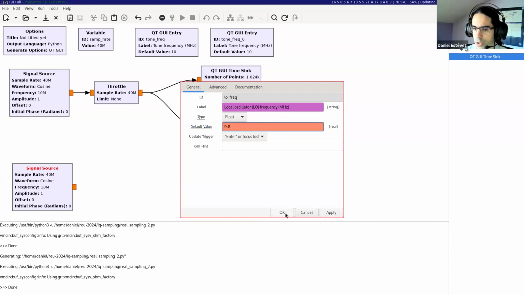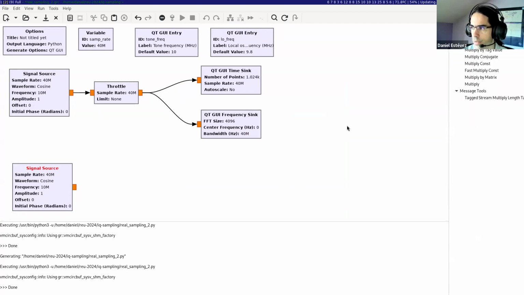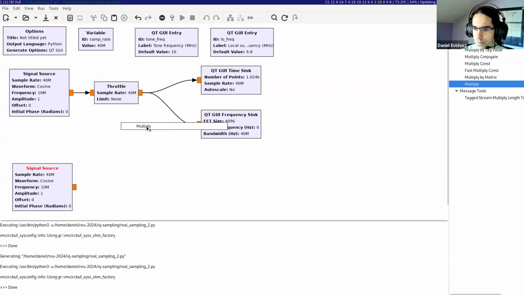But it is basically used to tune to the frequency you want to receive. So I'm going to place it at 9.8 megahertz, slightly below the signal that I want to receive. And what I'm going to do, just to see what happens, is to multiply these two signals.